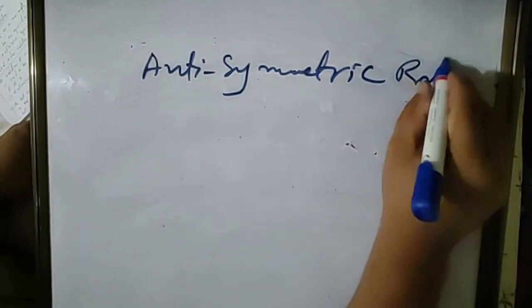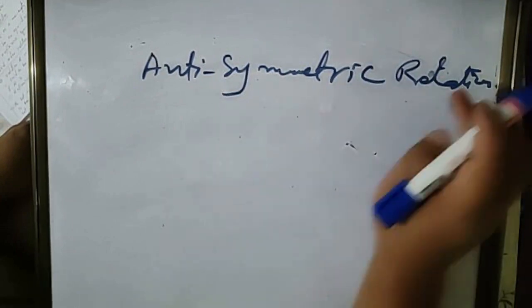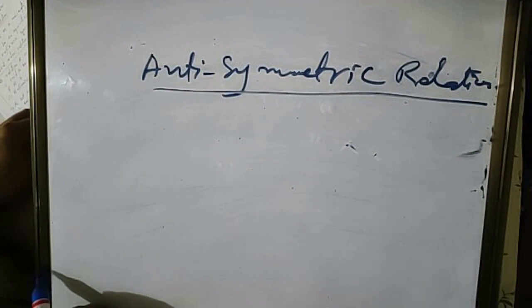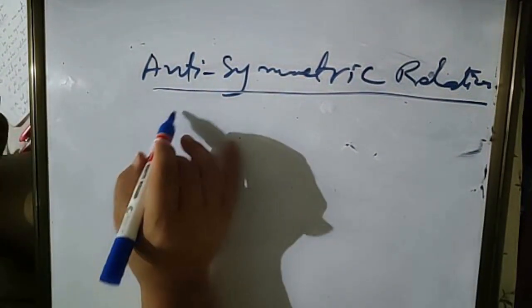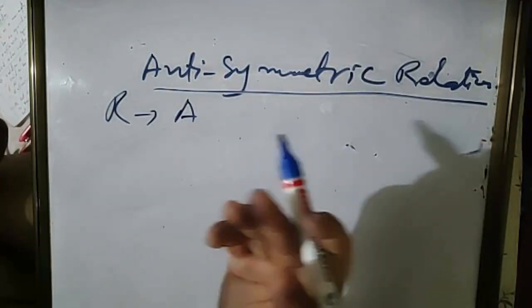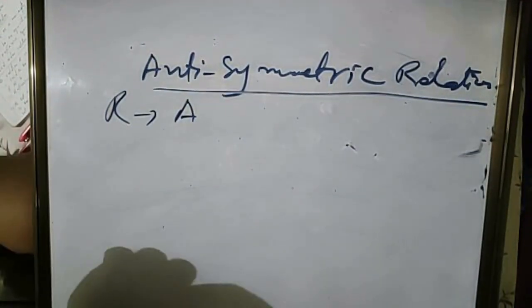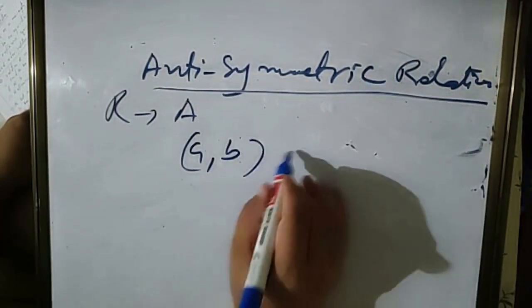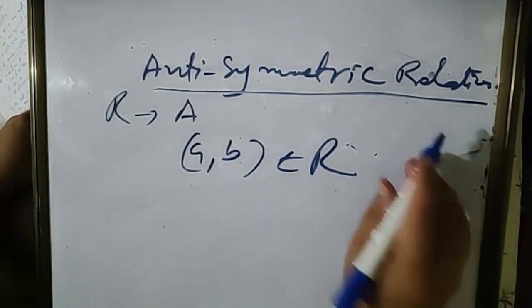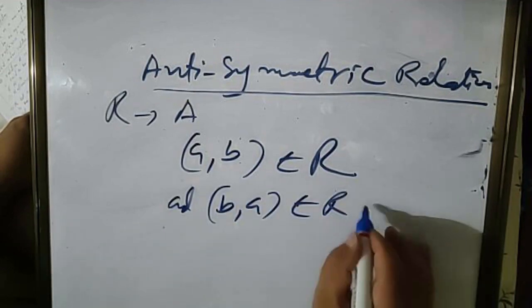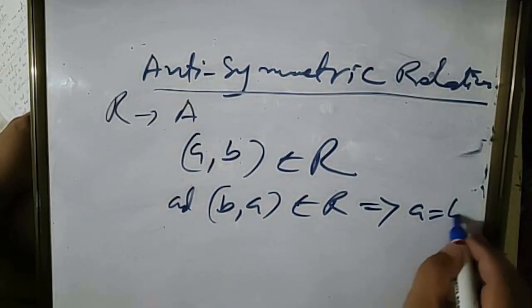Anti-symmetric. What is an anti-symmetric relation? Suppose we have a set A, then the relation R on the set A is said to be an anti-symmetric relation if (A, B) belongs to R and (B, A) belongs to R implies that A and B are the same.